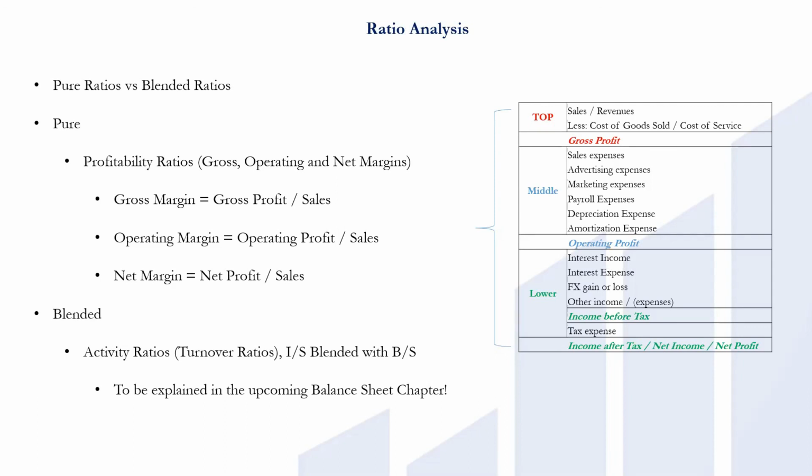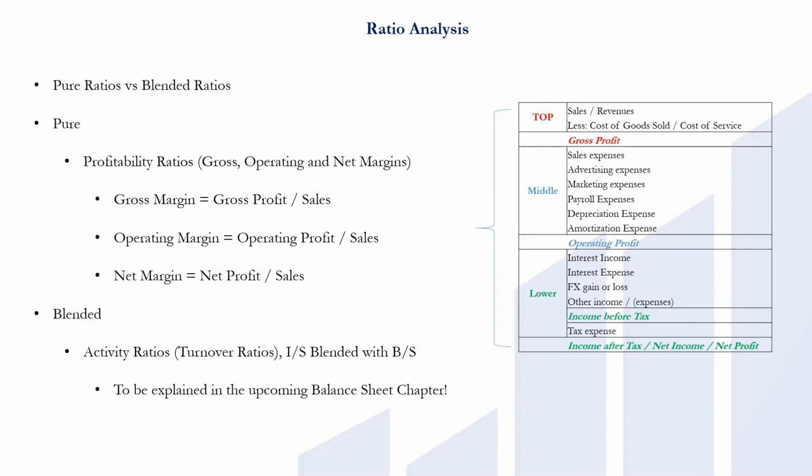So ratios for financial statements are of two types. There's the pure ratio, which comes from one statement only, or the blended ratio, which comes from combining figures of different statements for a company, like a figure from a balance sheet and a figure from the income statement and cash flow statement. This is what we call blended.